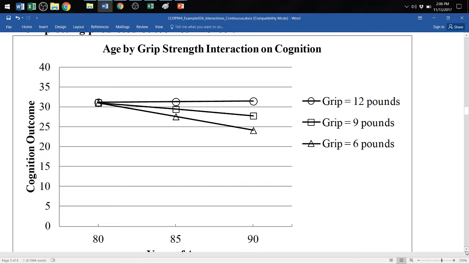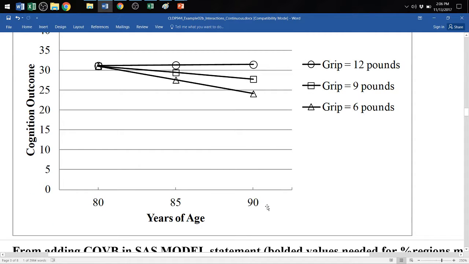So we can talk about this interaction as the difference in slopes or the difference in intercepts as a function of these lines. If I go one way, I can talk about the effect of age as the slope. Here, if you're strong, grip equals 12, age doesn't matter. It does matter if your grip is 9, and it matters even more if your grip is 6.